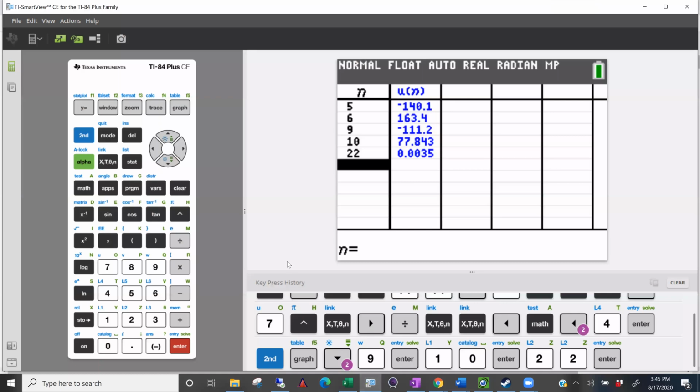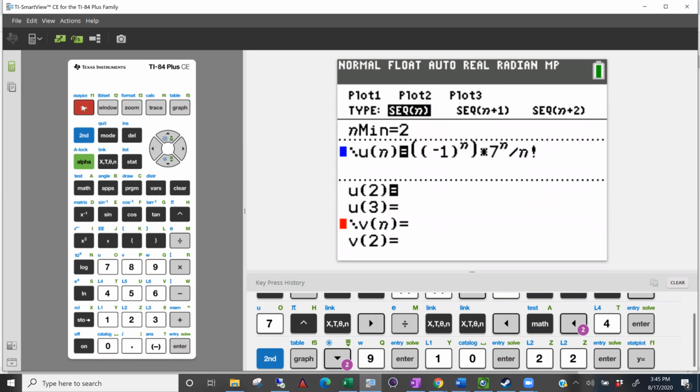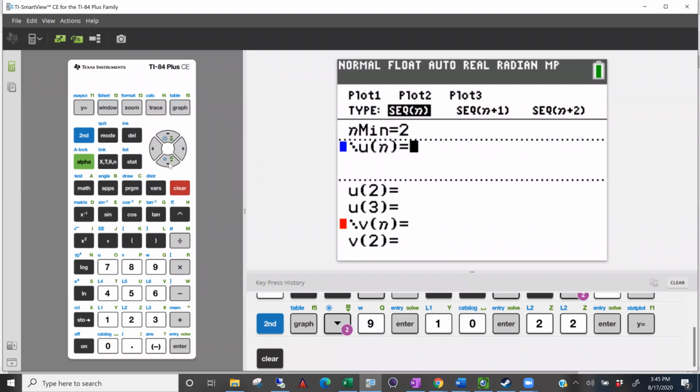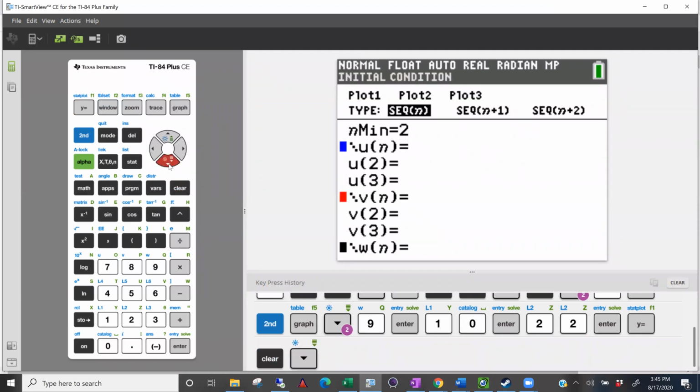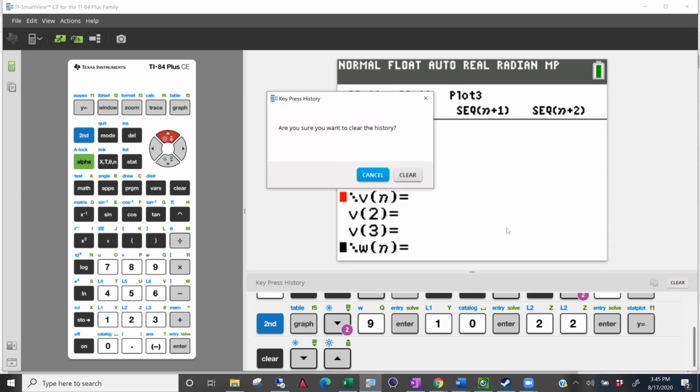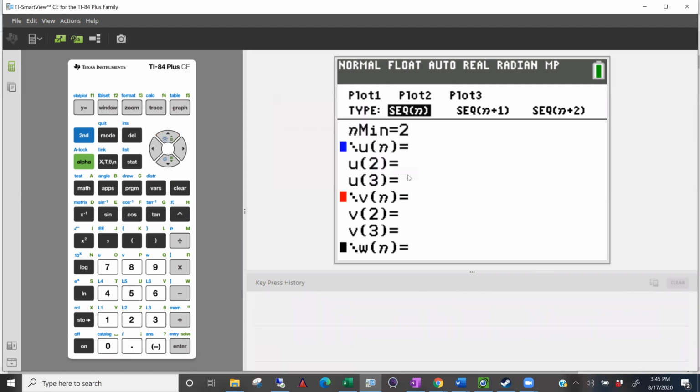Now you can do this in a couple of different ways. So let me clear up this stuff here. I'll clear out that. Yeah, and let's clear out this stuff here. Now my calculator happens to be in sequential mode still.